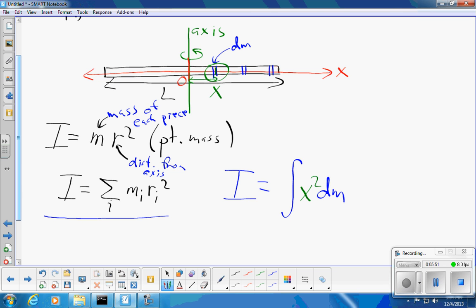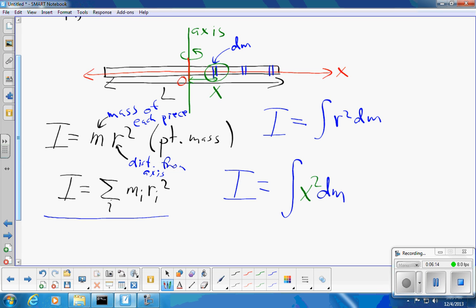Doesn't have to be green, but it is. So that is our equation then for, well, okay, let me back up. The more general term for the moment of inertia of an extended mass you'll see in the textbook is integral of r squared dm.